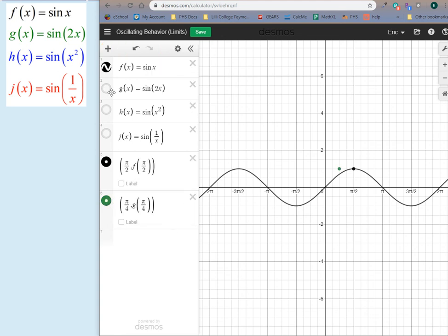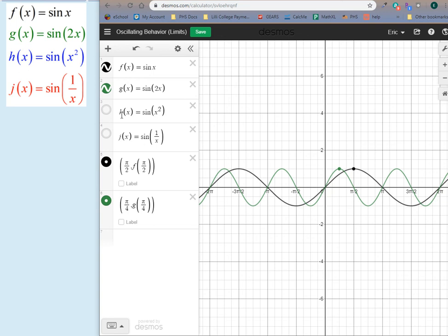Okay, so if I turn on sine of 2x, it compressed it, it didn't stretch it. How come? Because we could think of multiplying the input values by 2 as accelerating the argument of the sine function. It's accelerating the pace at which the sine function is getting its angle that I'm feeding it. Does that make sense?